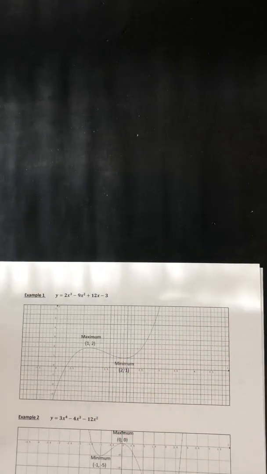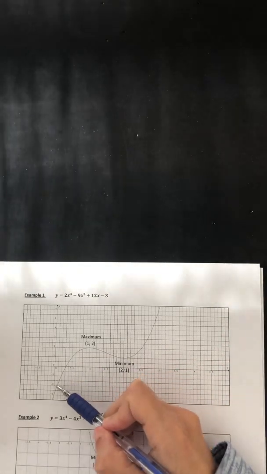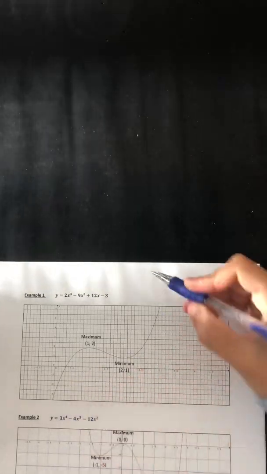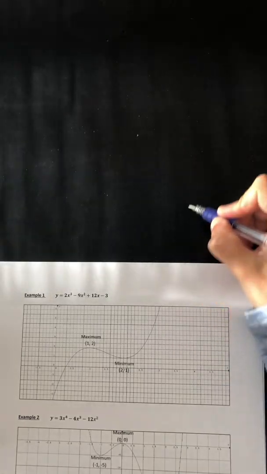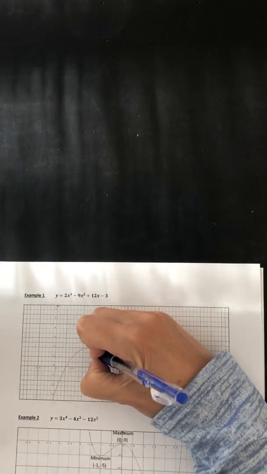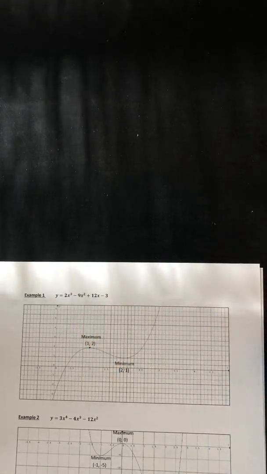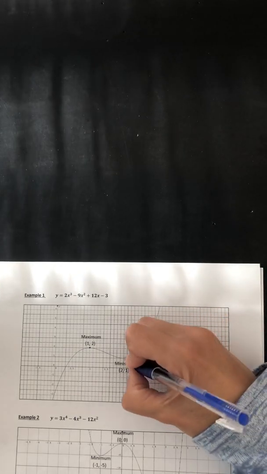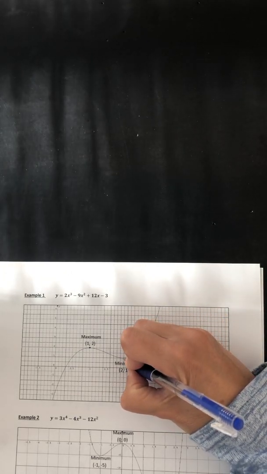It's smooth and continuous. It means that this end of the graph would continue down in this direction and here up in this direction. And what we have is at the point (1, 2), which I'm going to put a little dot, right there in the graph, we do indeed have a maximum. And at the point (2, 1), which is right here in the graph, we do indeed have our minimum. So two extremes, just like we predicted with our calculus.